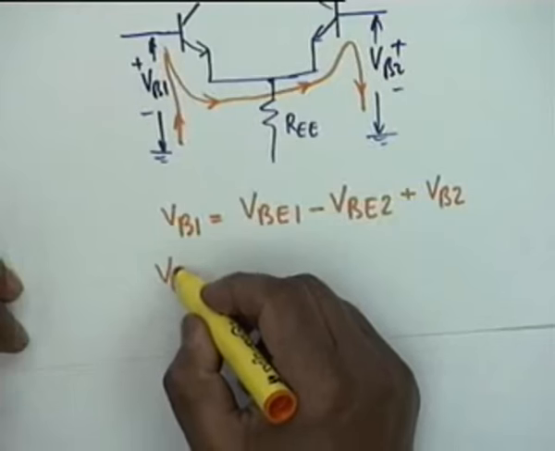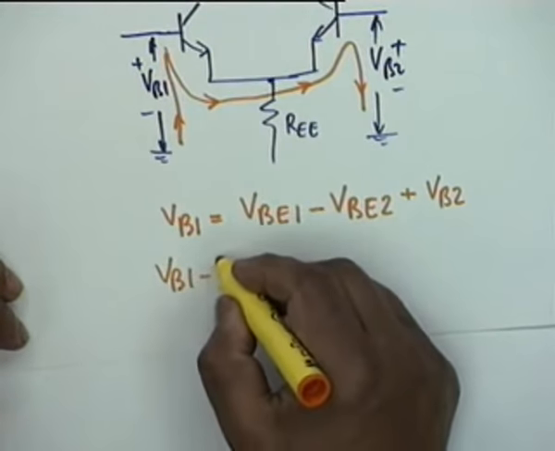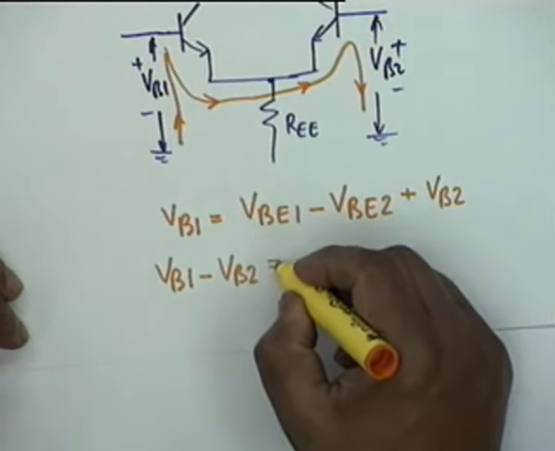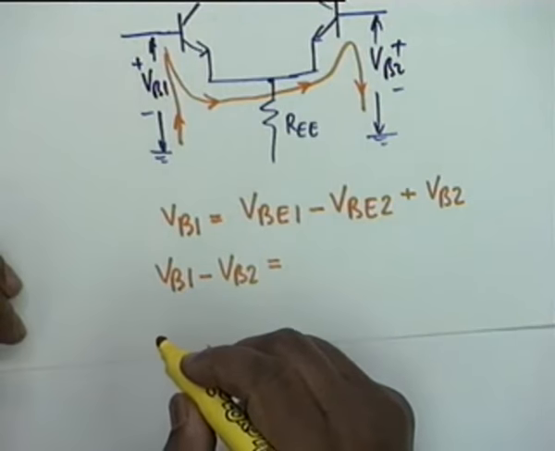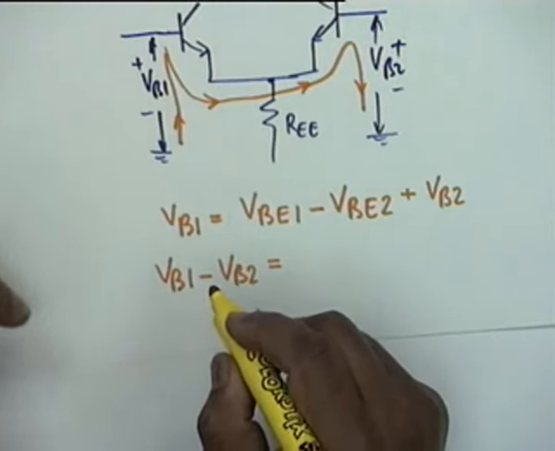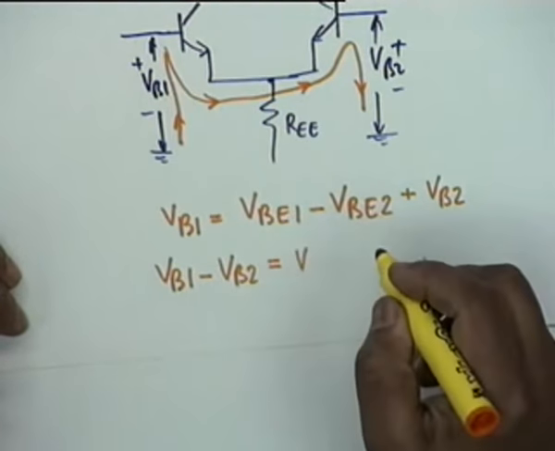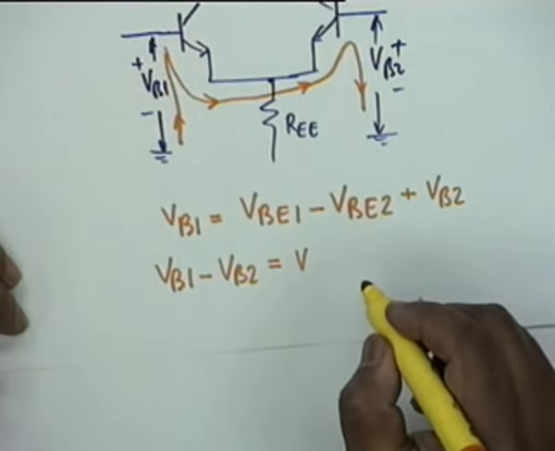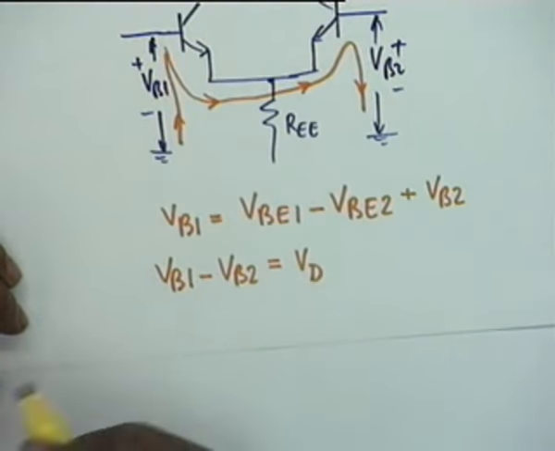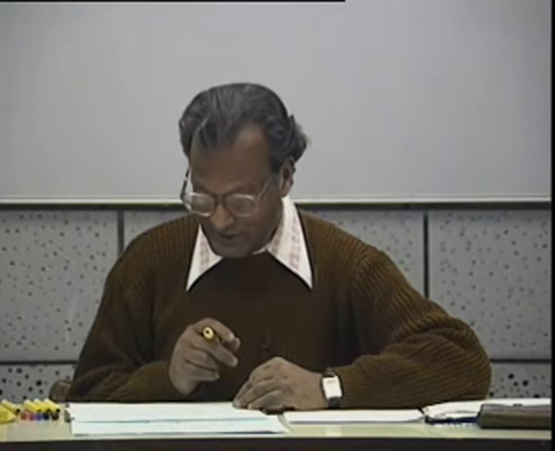So I can write VB1, the base voltage of transistor 1, minus the base voltage of transistor 2, which obviously is the input differential voltage. So I will call this, instead of writing VID, I shall simply write it as VD. I will not use I. The analysis we are doing now is totally for DC.